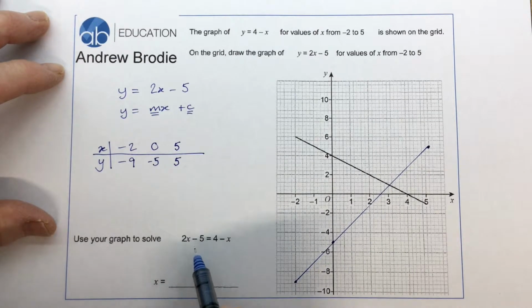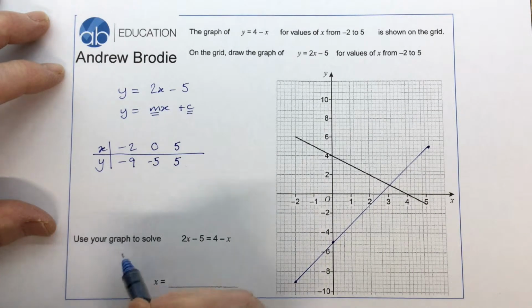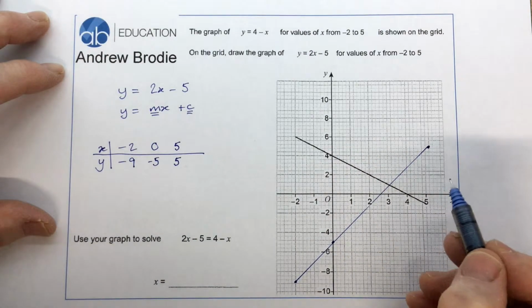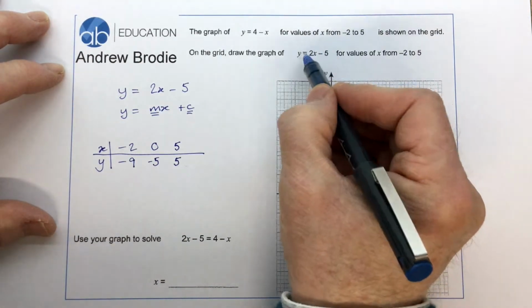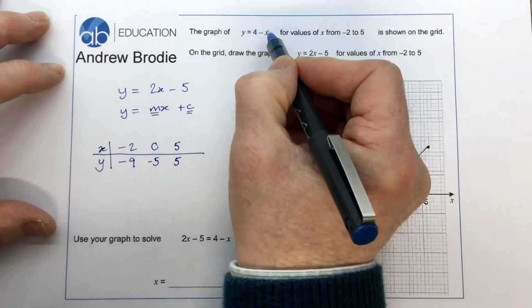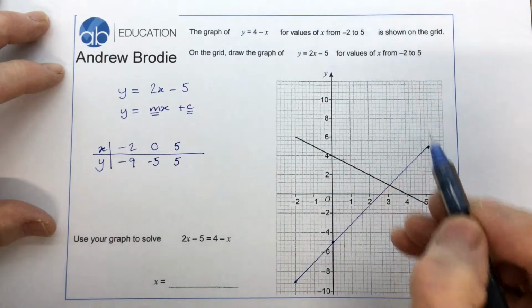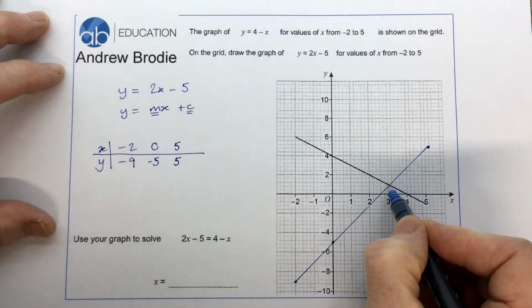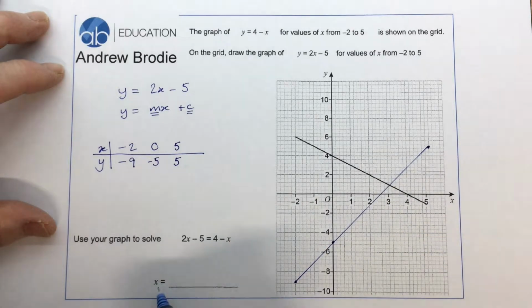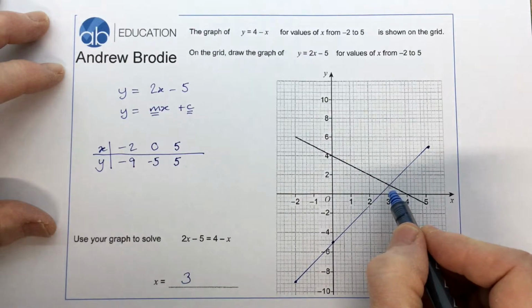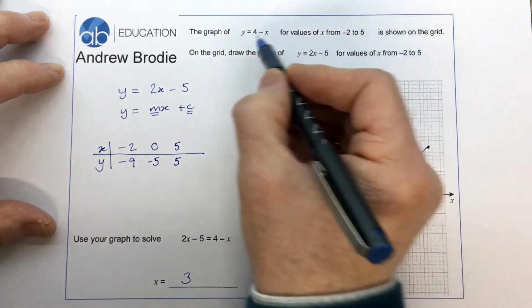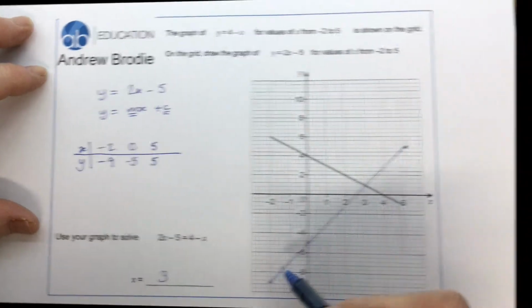Now we could solve it purely by algebra, but it's saying, use your graph to solve it. So actually what we're saying is that that value is worth exactly the same as that value. So where does that happen? Only there. And that is when x is 3. They're only asking for the x value. X is 3 when that one and that one cross.